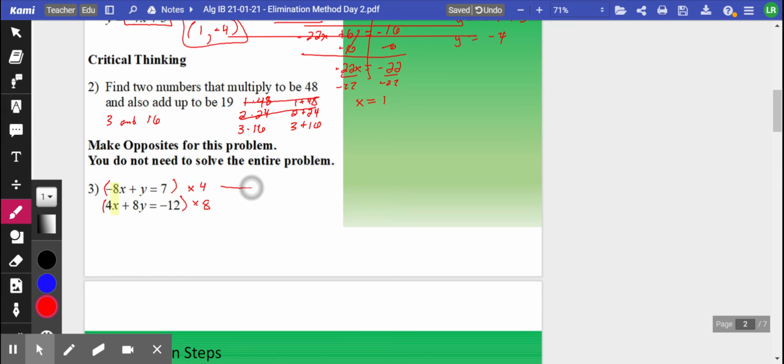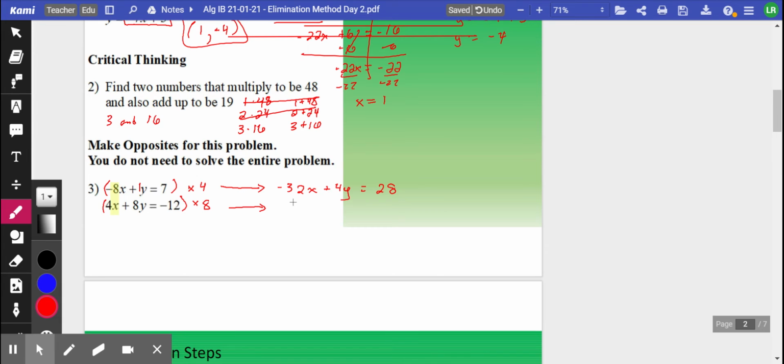Okay, so the first thing I need to do then is adjust these. So all three of these multiplied by 4, that's going to give me negative 32x. 1y times 4 is positive 4y, and 7 times 4 is 28. Bottom, all three of these times 8.